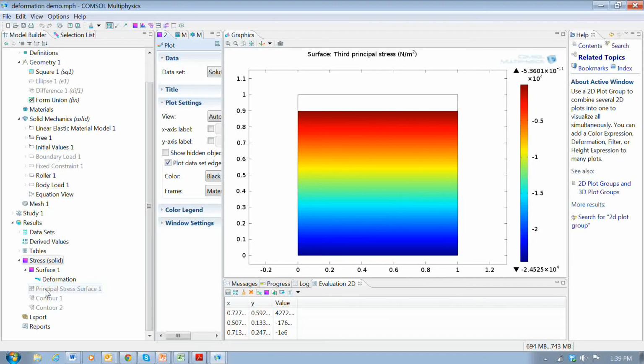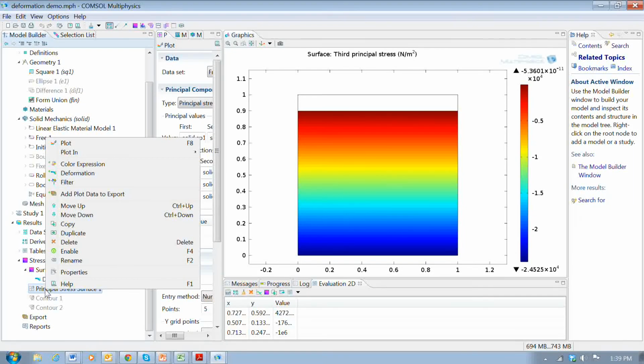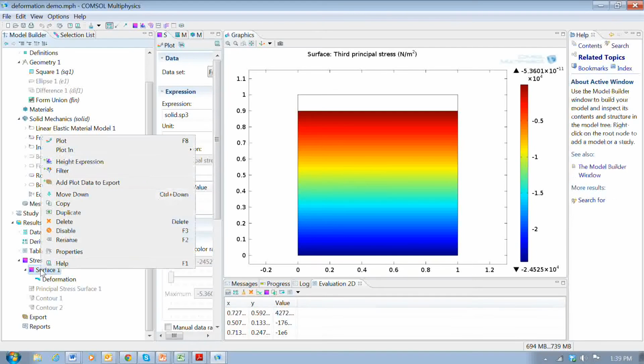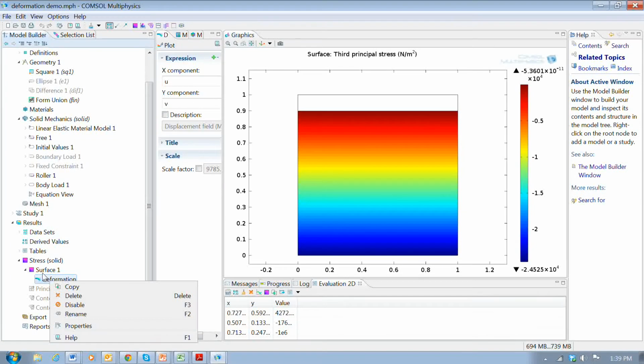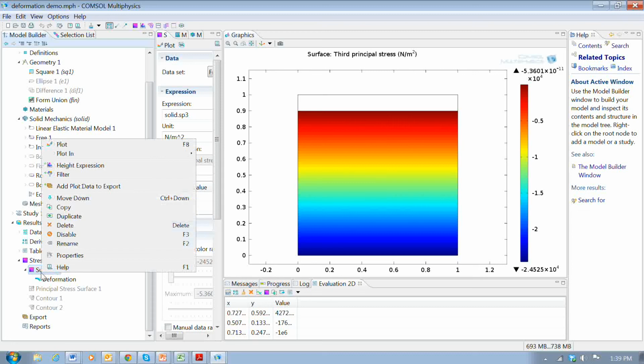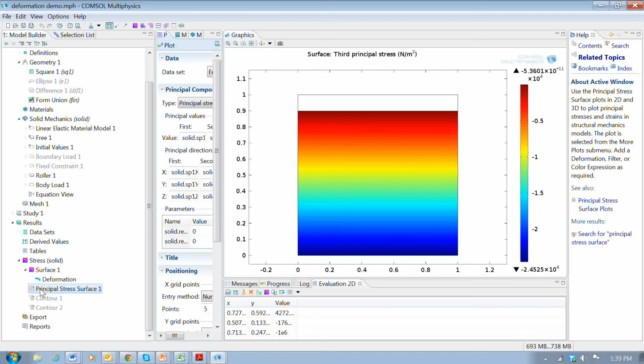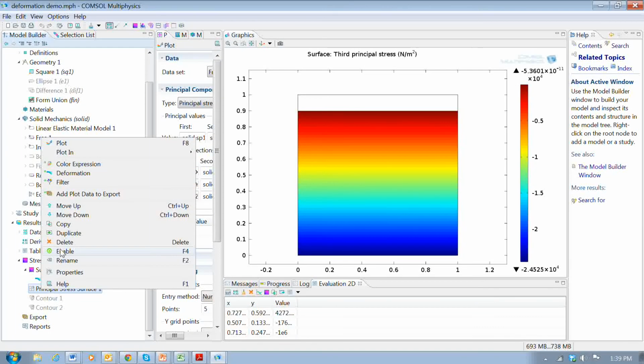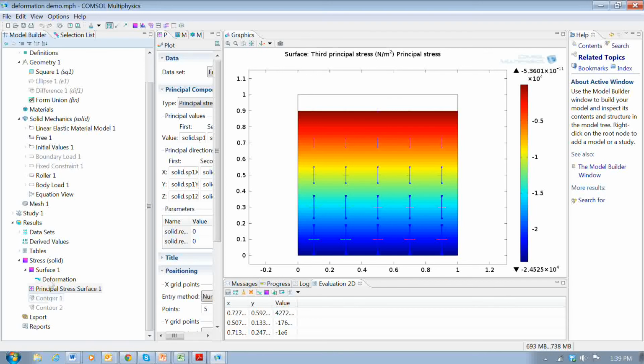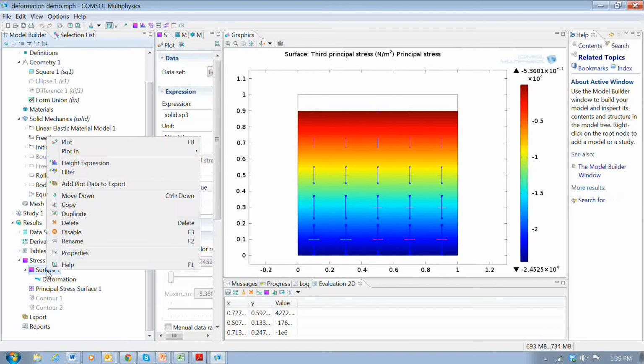And here's how you turn on those stress symbols. It's called principal stress surface. And where you're going to find that is if you go, let me see. Maybe I'm not quite sure.